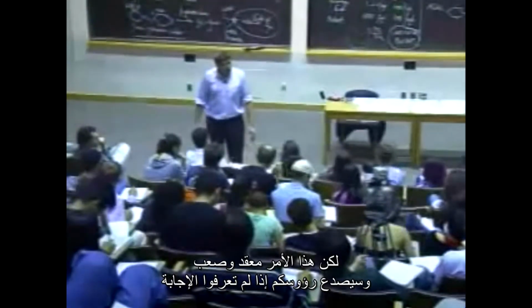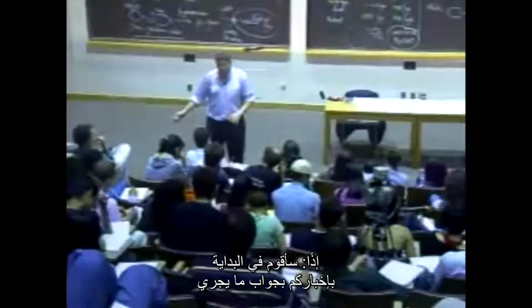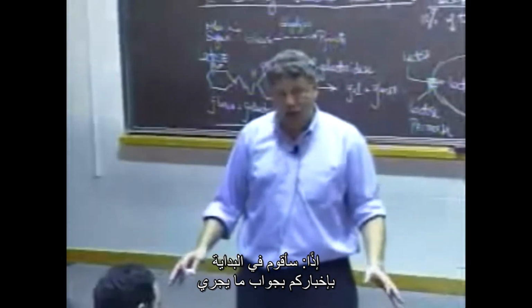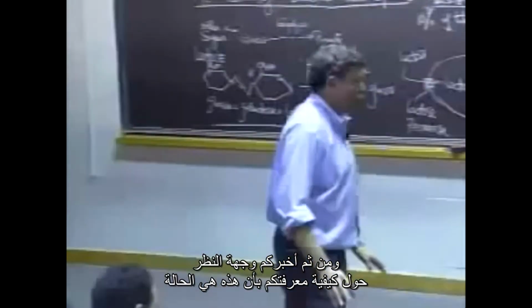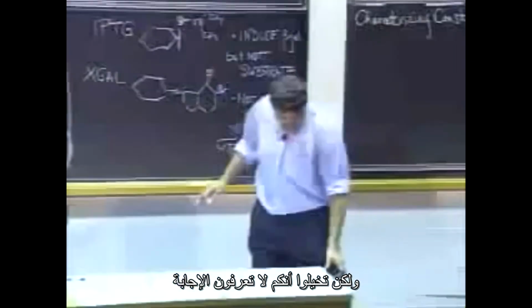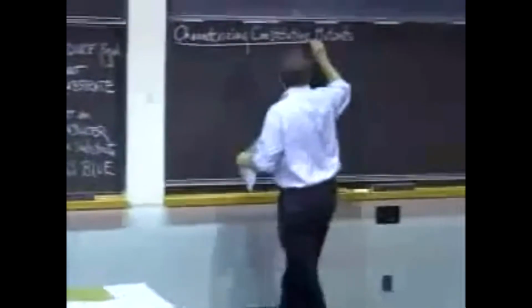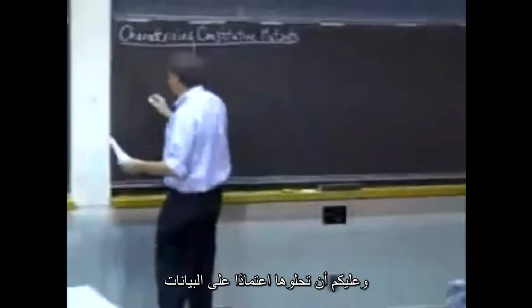But it's complicated and hard and makes your head hurt if you don't know what the answer is. So I'm going to first tell you the answer of what's going on, and then see how you would know that this was the case. But imagine that you didn't know this answer, and how to puzzle this out from the data.